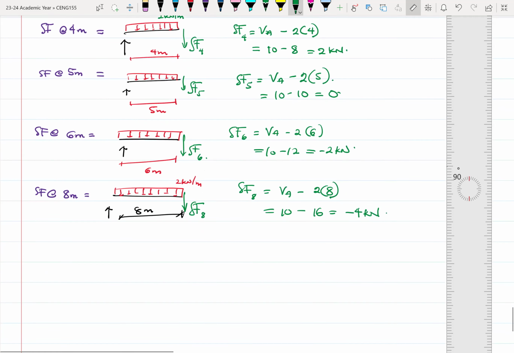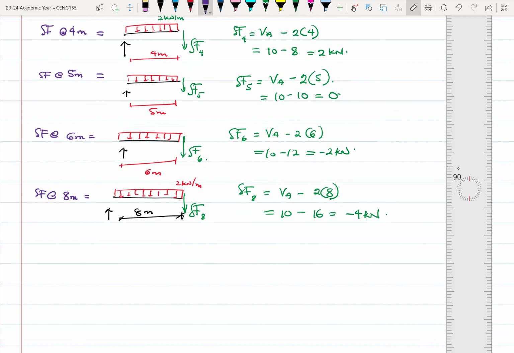Now, shear force at 0 meters and shear force at 10 meters are special, right? They are special because we have a point load over there.